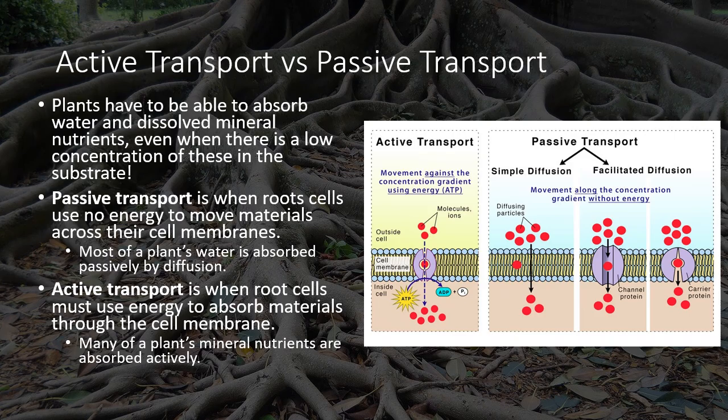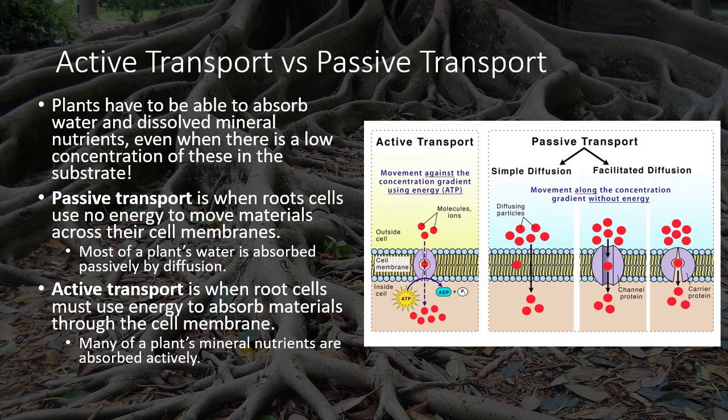When you look at this middle image, we have here a protein channel embedded in the membrane, but it's not a pump. It just sits there and it's open. And it allows for the free passage of maybe mineral salts through the membrane, even though those molecules might normally be too large to pass into the cell.